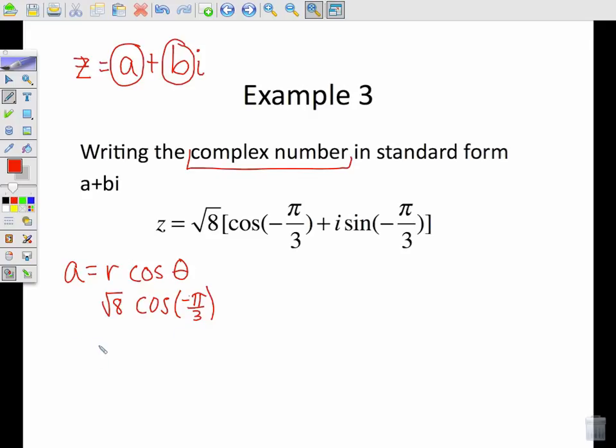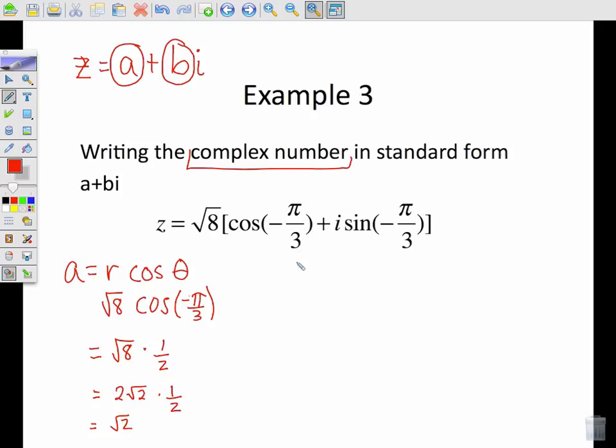That means this is equal to the square root of 8 times, and the cosine of negative pi over 3 is 1/2. This is equal to 2 square roots of 2 times 1/2, which is the root of 2. So we know the a value is the root of 2.